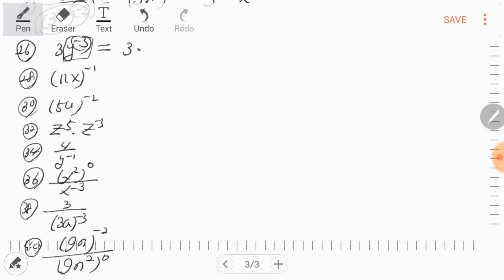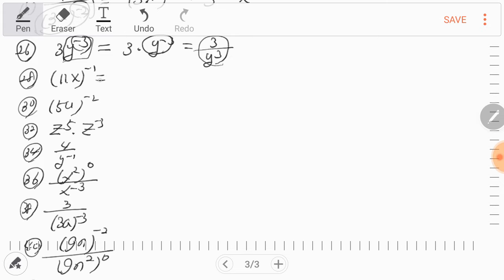So if you rewrite it, this is the same as 3 times y to the negative 3 power. Okay, so the base is not 3y, be careful. Base is only y, not 3y. Then 3 over, move this one to the denominator, then y cubed. So this is its simplified form.